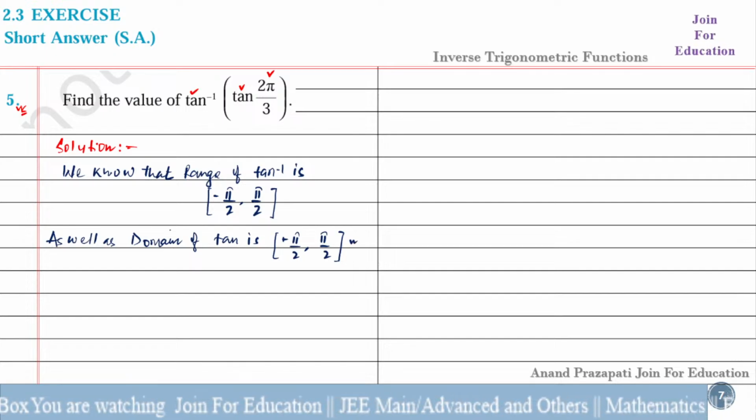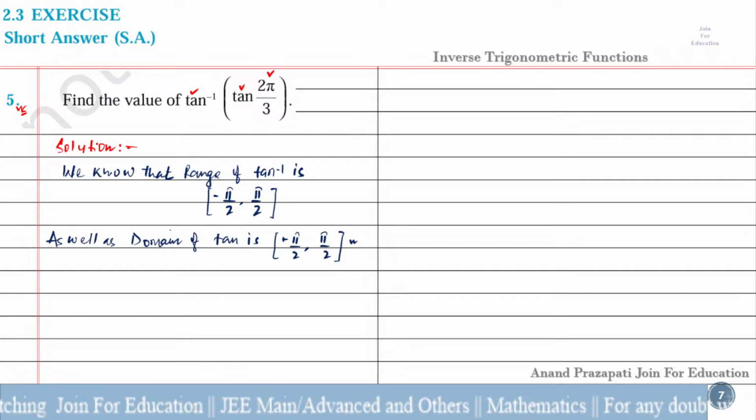So tan lies either in the first or fourth quadrant.